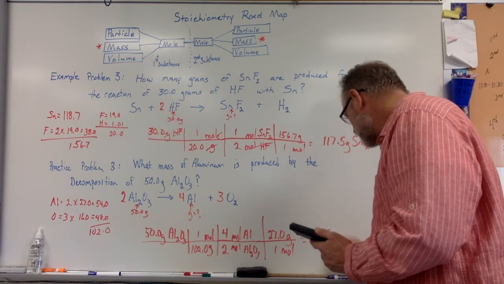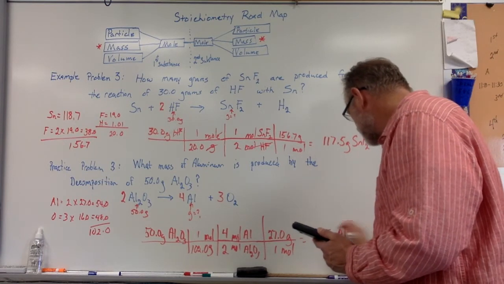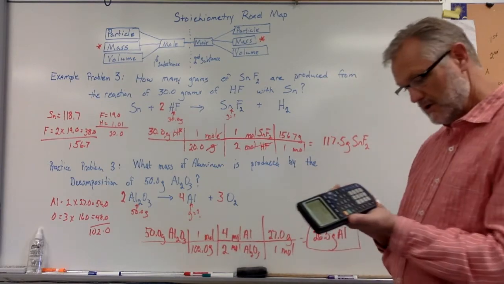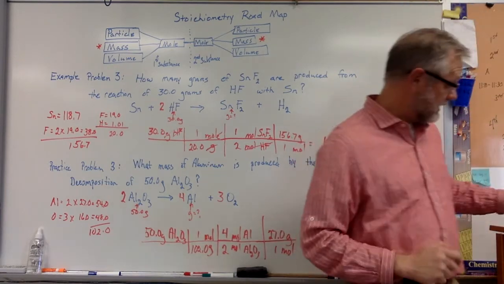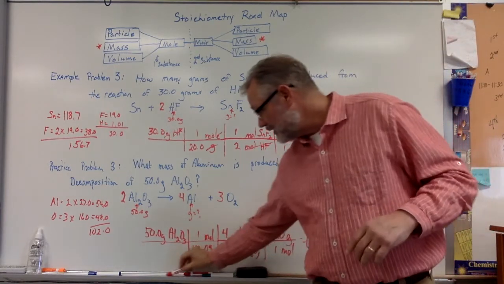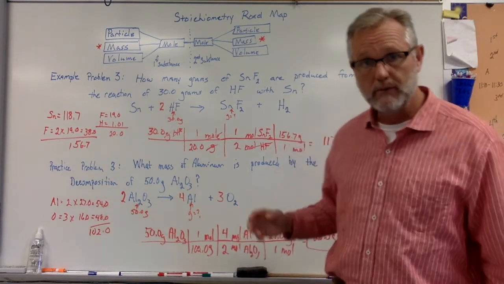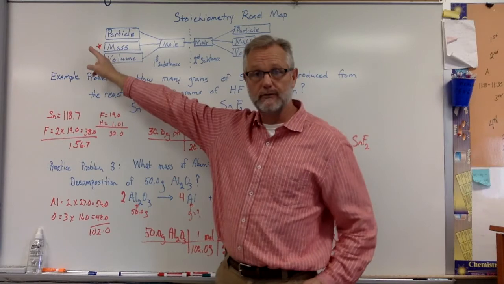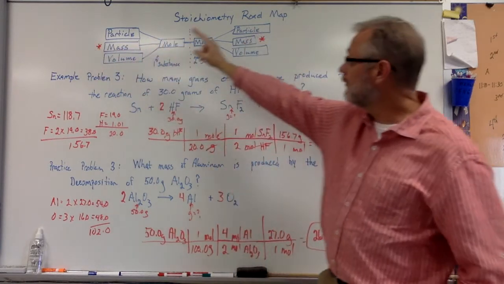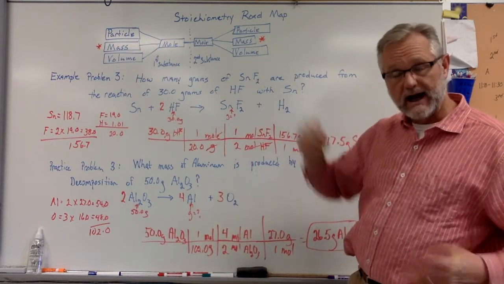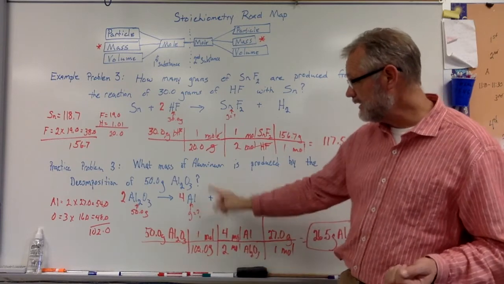And I come up with an answer of 26.5 grams of aluminum. So, last thing is, I set this up and I call it a mass-to-mass problem, but what it actually means is I'm going from the far left all the way over to the far right. I do not have to start with grams.